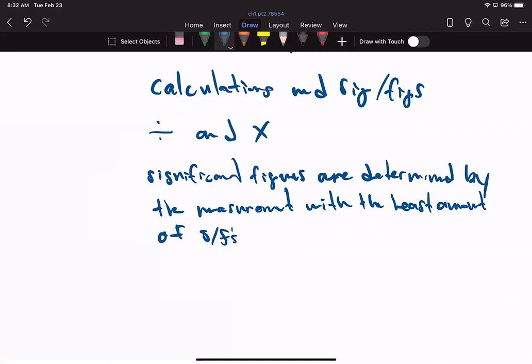The measurement with the least amount of significant figures.